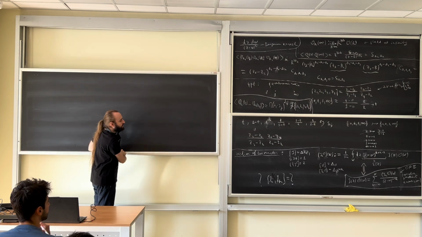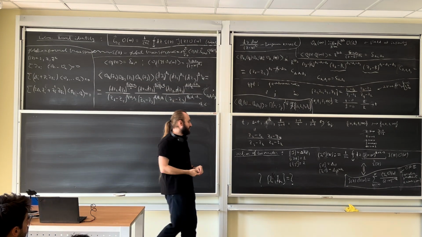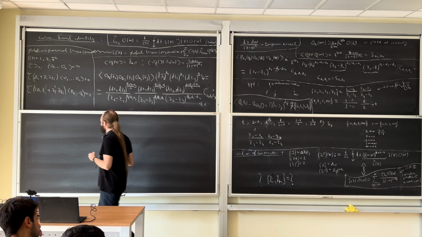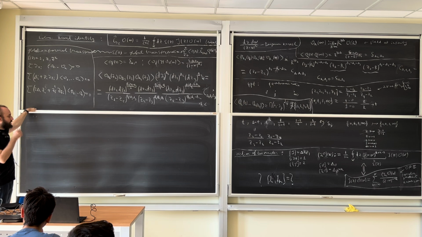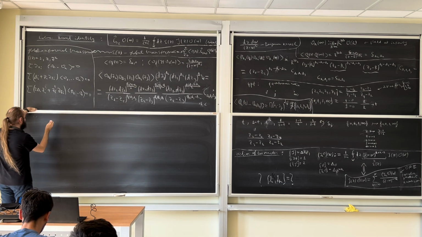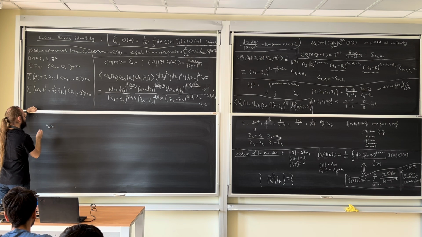So let us try to do this. Take some field, for example, at point 0. It doesn't matter because we can shift coordinates. So it will be O of 0.